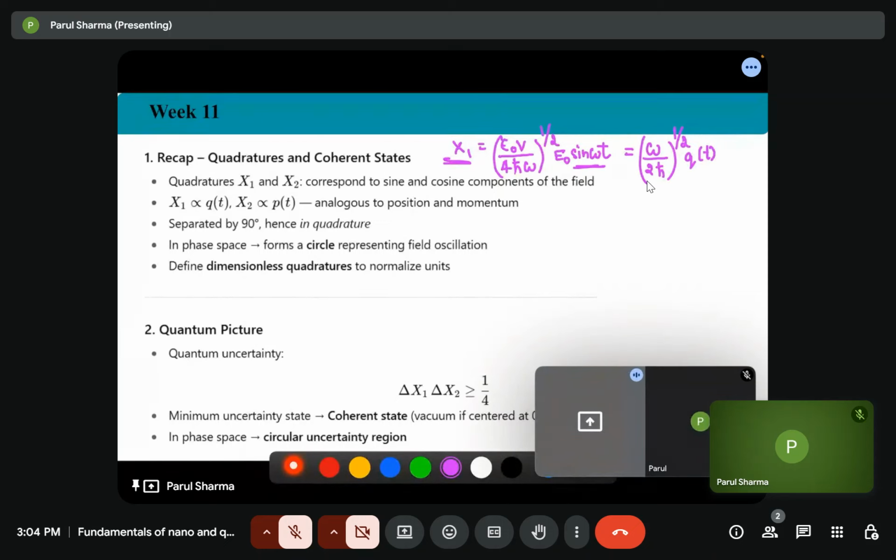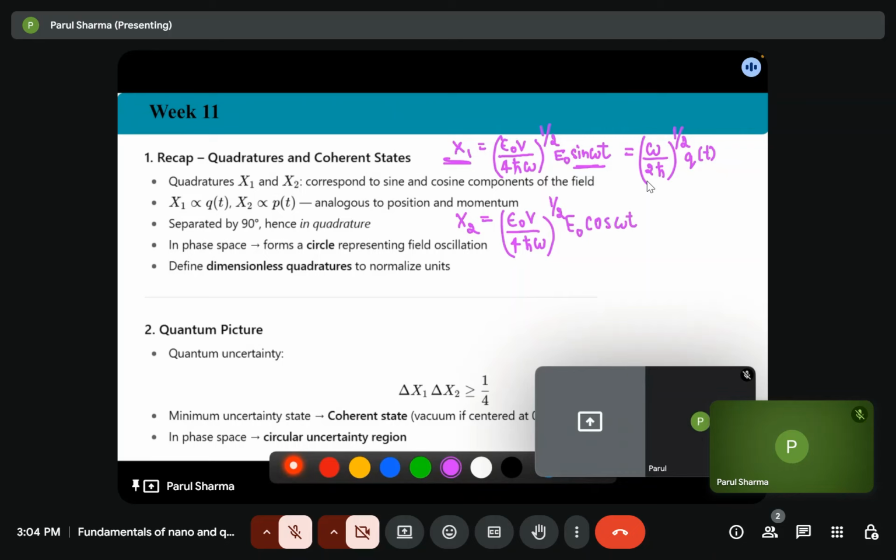Similarly, x2 equals epsilon naught V upon 4 h cross omega to the power 1 by 2, E naught cos omega t.